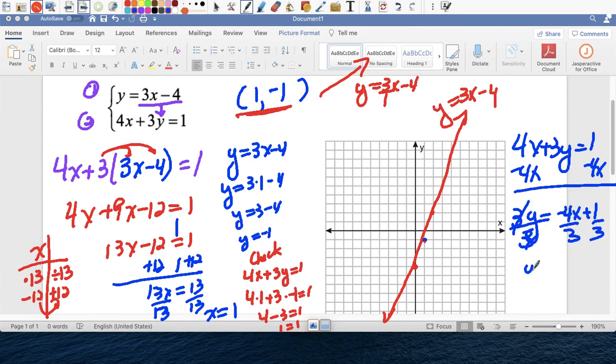So that finally gets my y isolated, and I get y equals negative 4 over 3 x plus 1/3. So for the second equation, the y-intercept is 1/3, so positive 1/3 should be just here. And it's a negative slope, so it's a line that's going to go down. So it's going to go 4 down and 3 to the right.